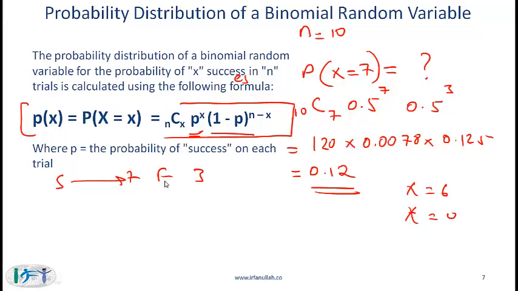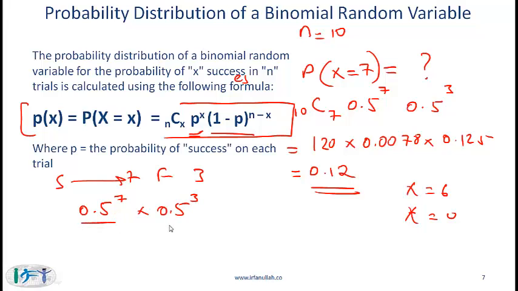If you go back to your basic probability, the probability of success 7 times would be the probability of success times the probability of success, 7 times. So we can just write that as 0.5 to the power of 7 multiplied by the probability of failure, which is 0.5, 1 minus the probability of success, raised to the power of 3.